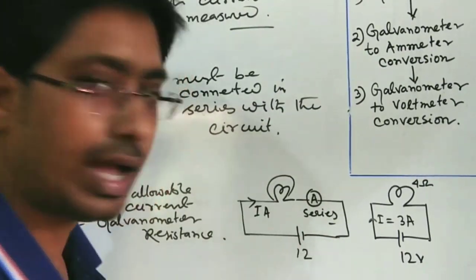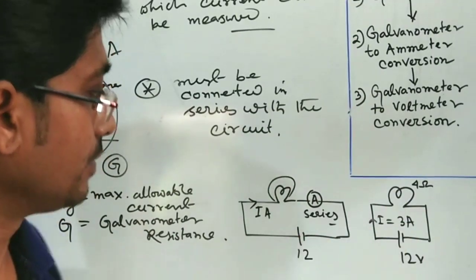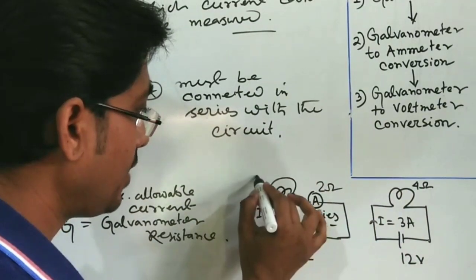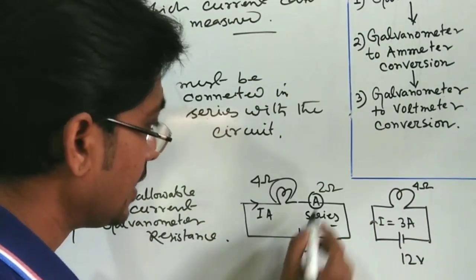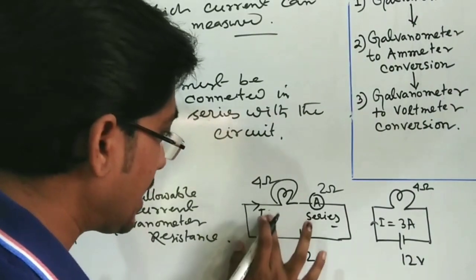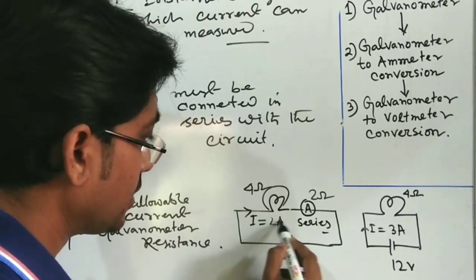Now you have attached one ammeter in series with the bulb. Suppose it has 2 ohm resistance and the bulb has 4 ohm resistance, then 4 plus 2, the total resistance is 6 ohm. Then what is the current here? The current flowing is 12 by 6, 2 ampere.